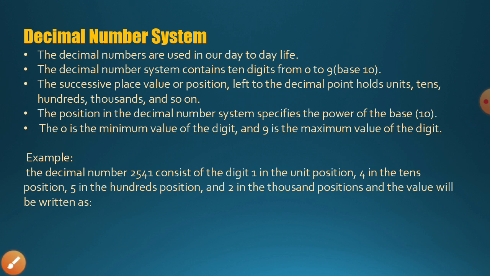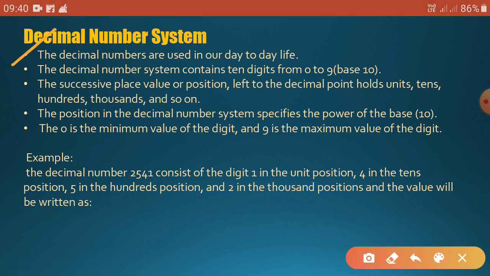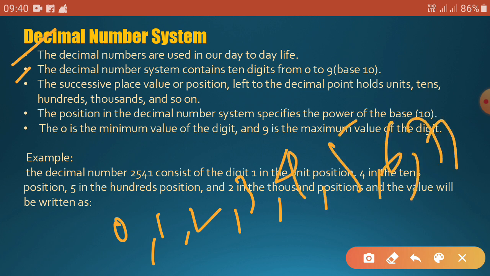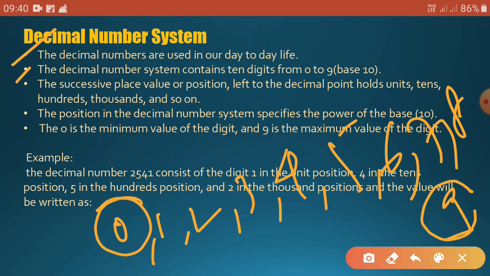So the points are: number 1, decimal numbers are used in our day-to-day life. Number 2, the decimal number system contains 10 digits from 0 to 9: 0, 1, 2, 3, 4, 5, 6, 7, 8 and 9. Here it is starting from 0 and ends with 9, so there are a total of 10 digits.